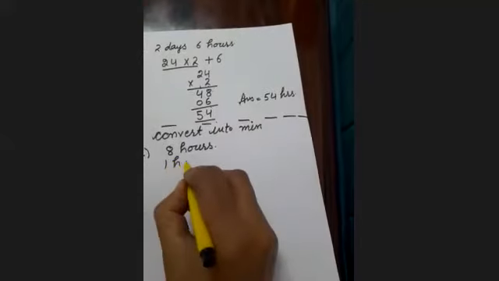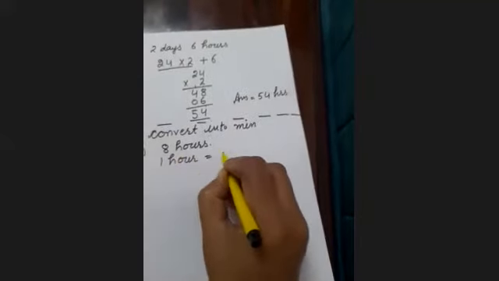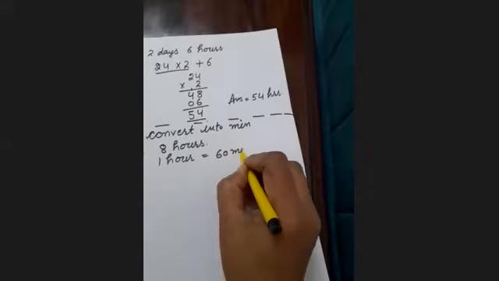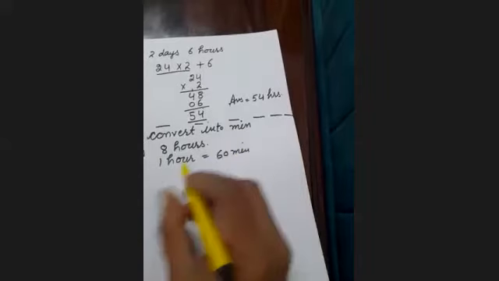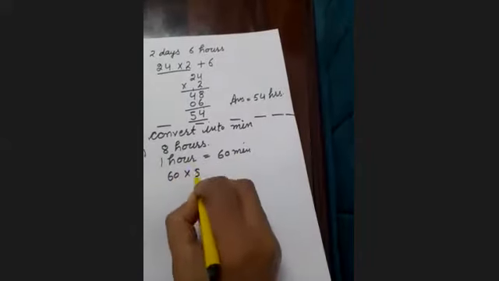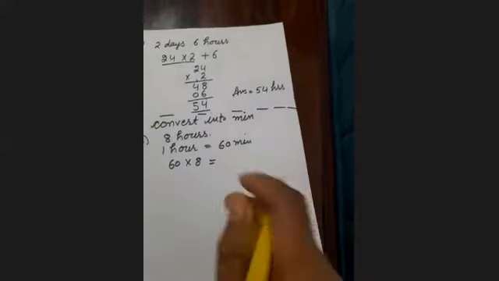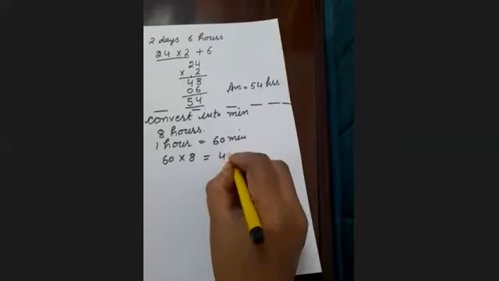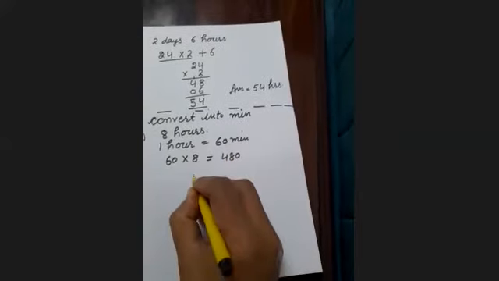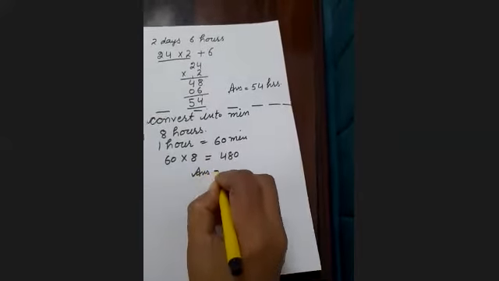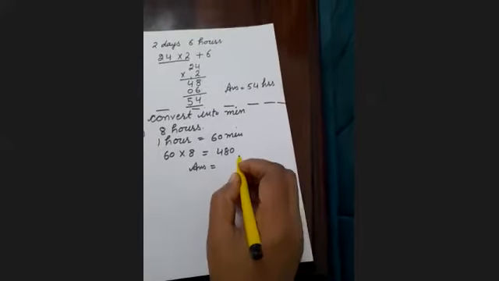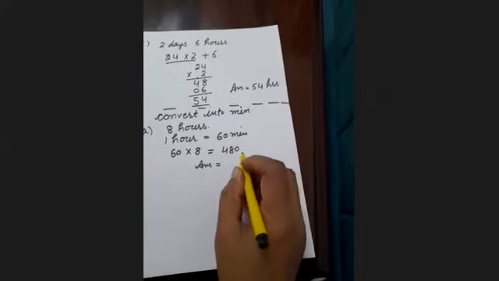Now 60 multiplied by 8. We'll get 480. So the answer is, in 8 hours, we have 480 minutes.